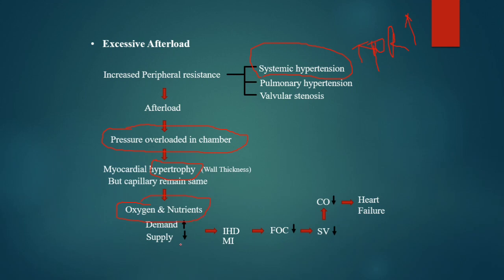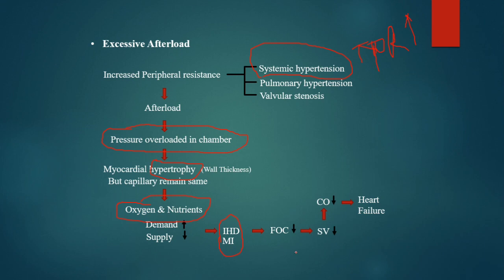Demand will be high but supply is less. Again it will develop an ischemic type heart disease, in which myocardial infarction will occur and force of contraction will again go down, which eventually leads to heart failure.